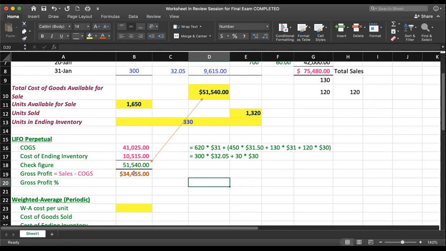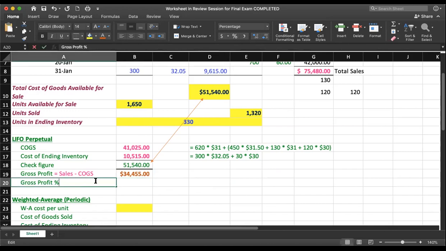So we know that the gross profit is $34,455. Now the question is, what's the gross profit percent? Well, as a reminder, the gross profit percent is equal to the gross profit divided by sales.